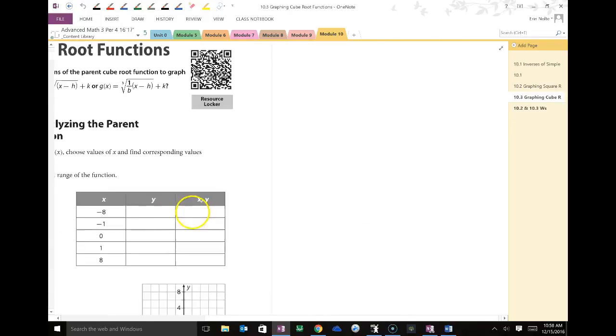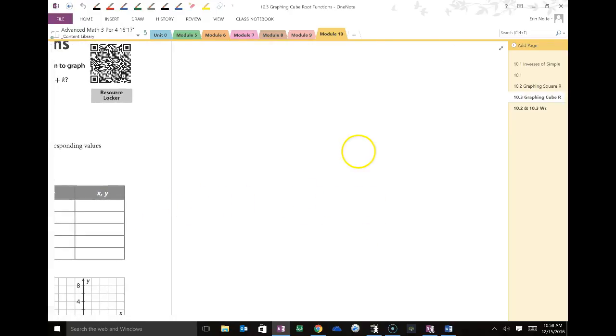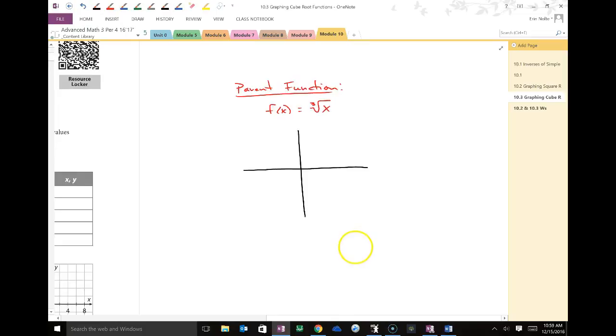Moving on to cube roots, we need to know what the parent function looks like first. The parent function, which is the cube root of x, looks like, anyone?